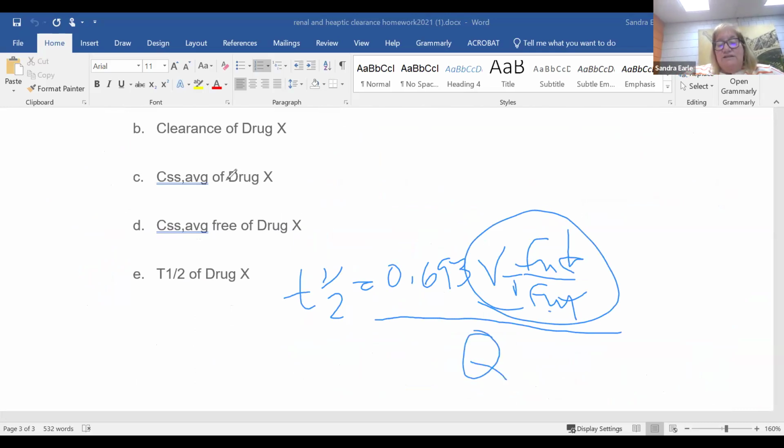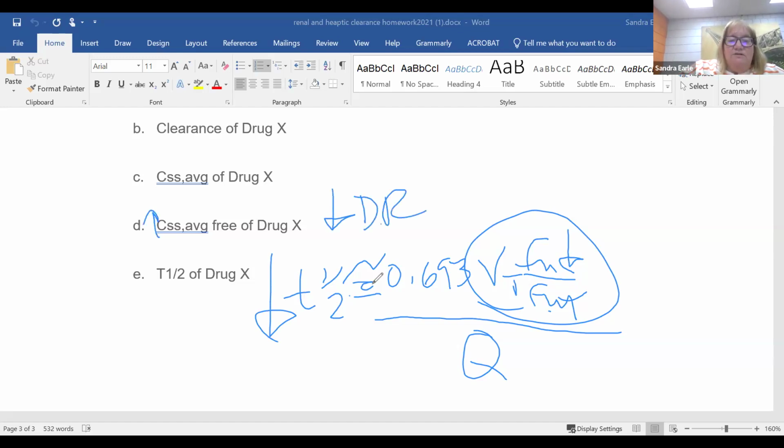And then clearance is determined by Q, and binding isn't part of that. So again, we'll see a decrease in our half-life. So we're going to need to decrease our dose rate because this is going up, right? Decrease our dose rate and decrease our tau in this case, if we were asked.